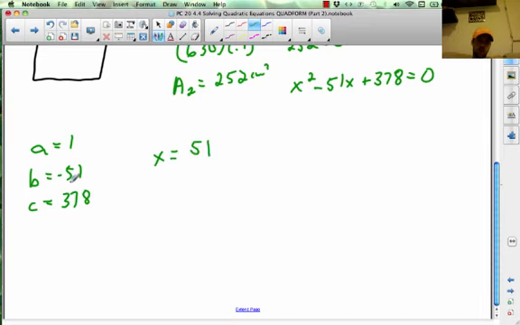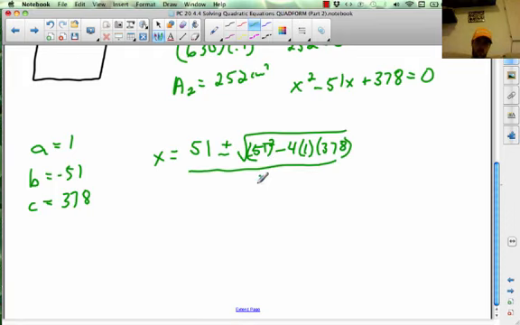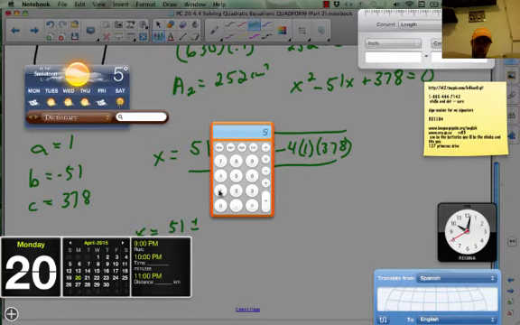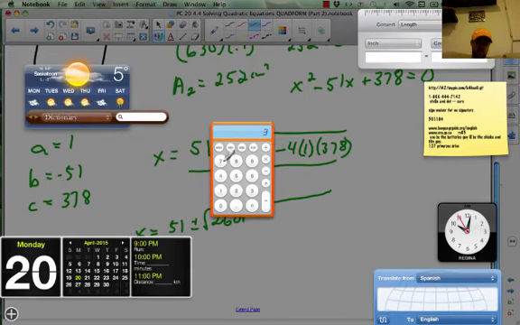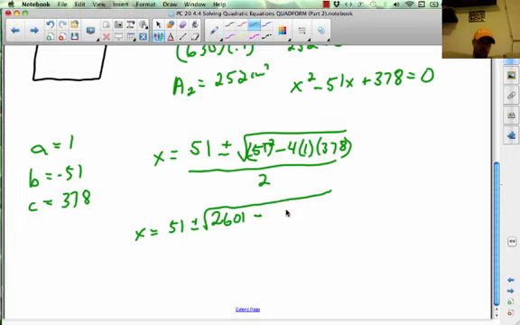So x equals negative b, which is positive 51, plus or minus the square root of 51 squared, minus 4 times a, which is 1, times c, which is 378, all over 2. x equals 51 plus or minus, now 51 squared is 2601, minus 4 times 378, 1512, all divided by 2.